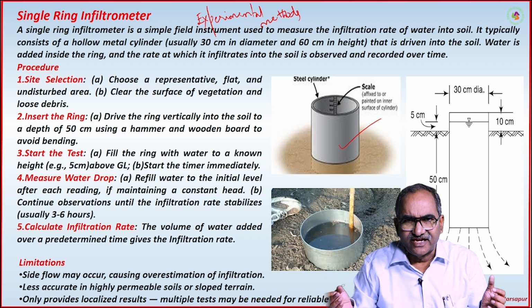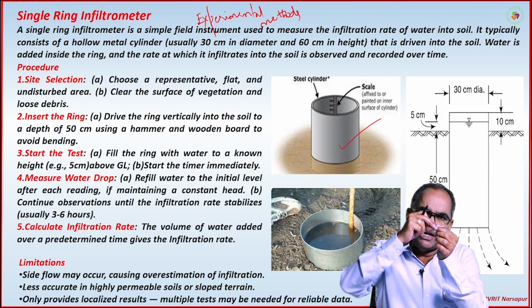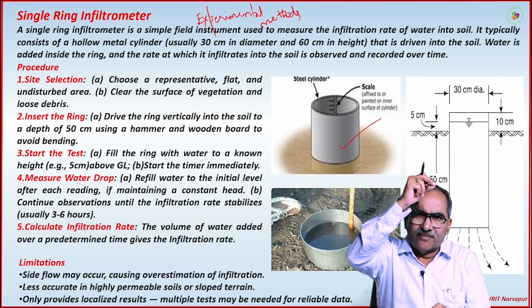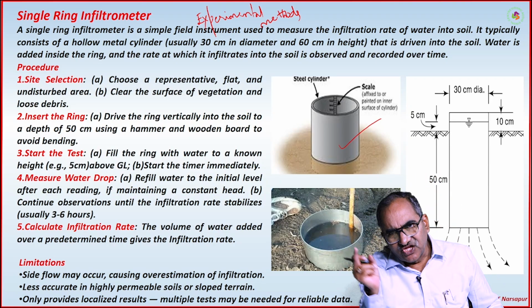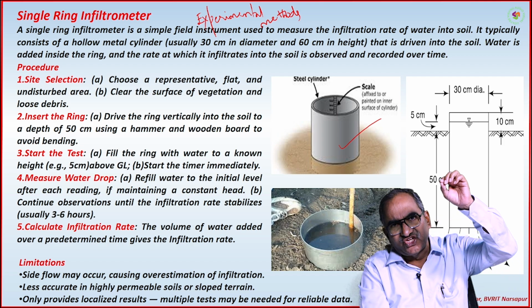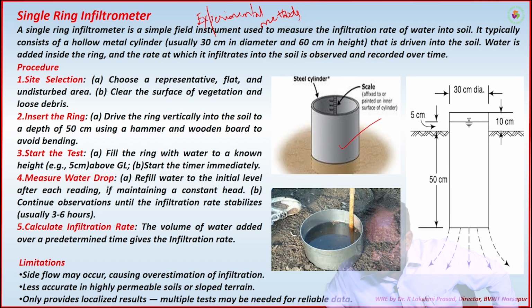Some people will take 30 centimeter diameter by 30 centimeter depth, or some people will take 30 centimeter diameter and 60 centimeter depth. So I have taken a ring infiltrometer of 30 centimeter diameter, and how much depth have I taken?